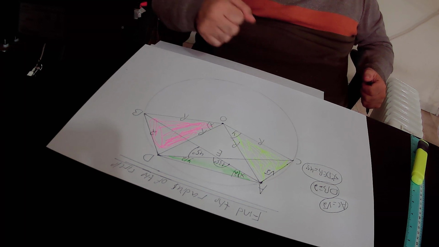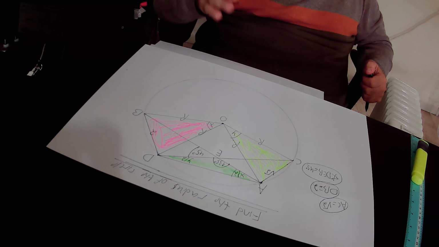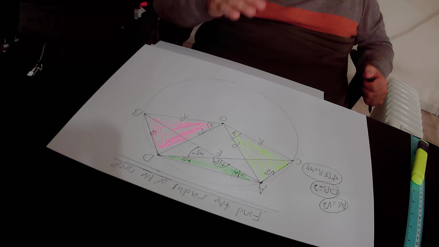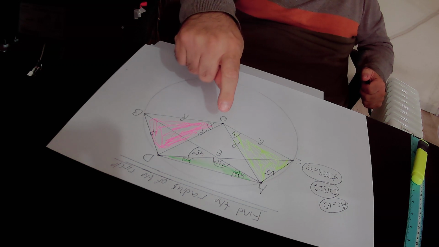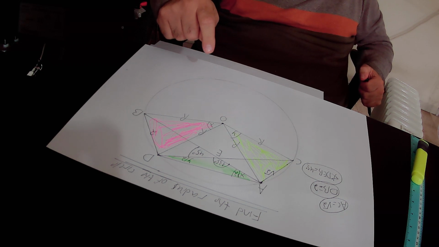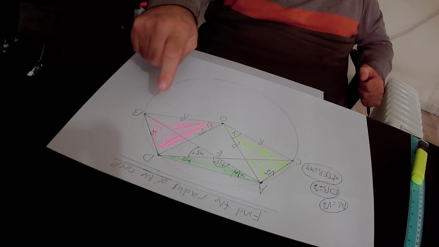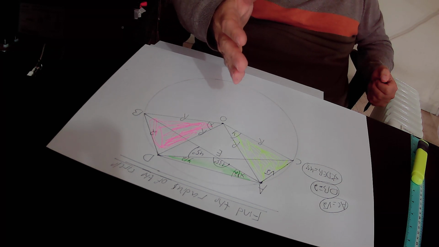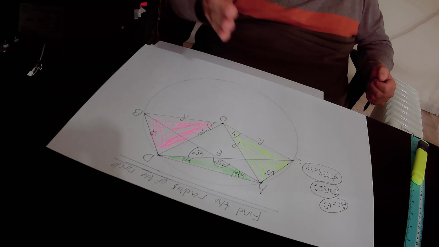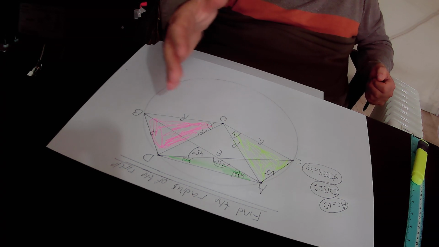And we also know that the diameter of the circle is the longest chord in the circle. So the diameter 2r must be greater than DB. Why? Because it is the longest chord in the circle, and DB is not the diameter.